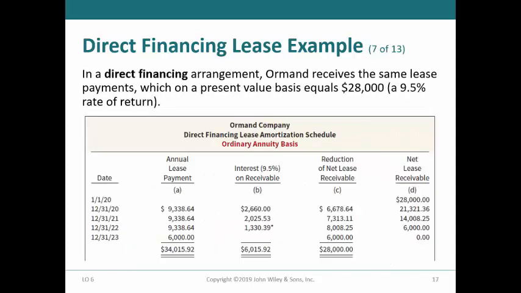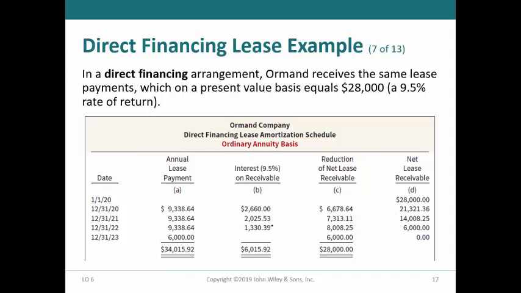Now we are going to see how the amortization schedule changes when there is a direct financing lease. In order to recognize the deferred gross profit of $2,000, the interest rate is going to be changed to 9.5%, the rate that would equate the net receivable of $28,000 with the future amount of $6,000 and payments of $9,338.64.